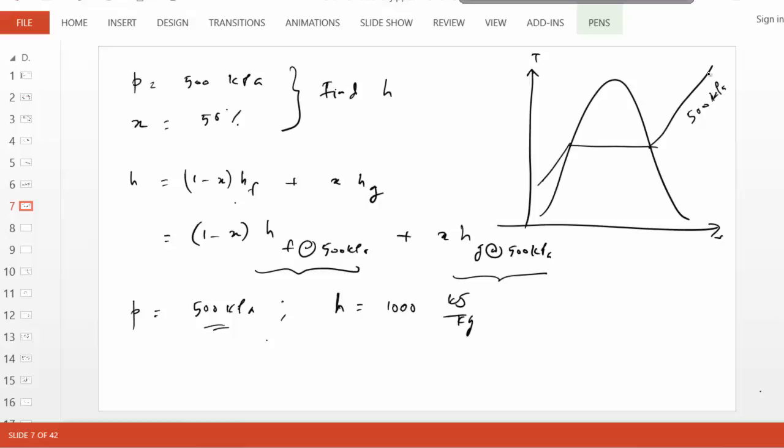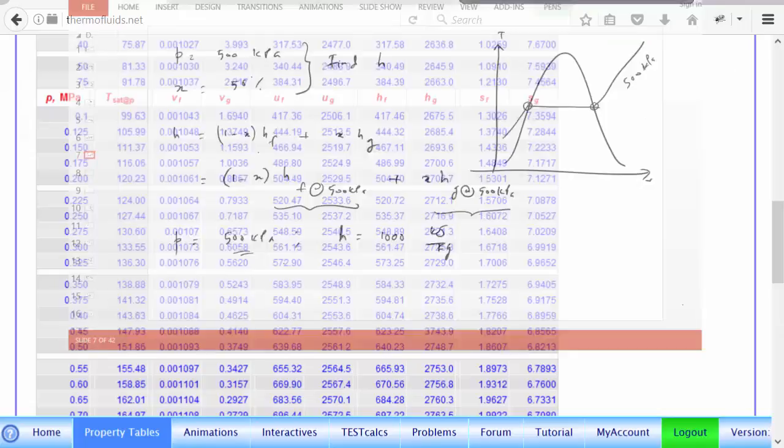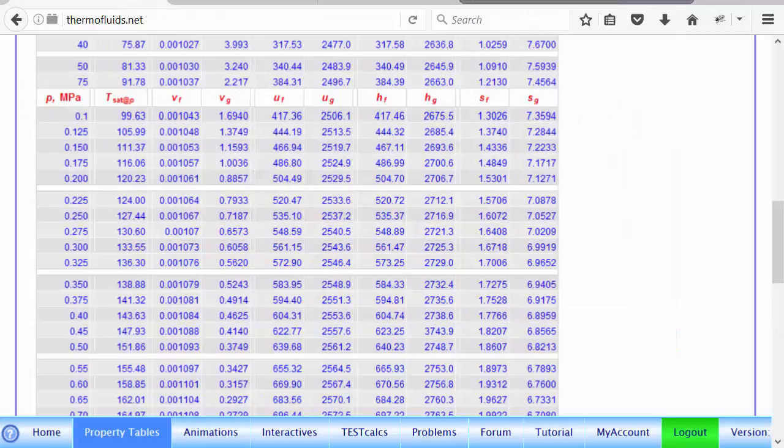But where it is, it could be a subcooled liquid, it could be a mixture, it could be superheated vapor. In this problem, we are not told what it is, so you have to figure it out. How do you do that? We already figured out at 500 kPa what hf and hg are, right? hf was about 640 and hg was 2748.